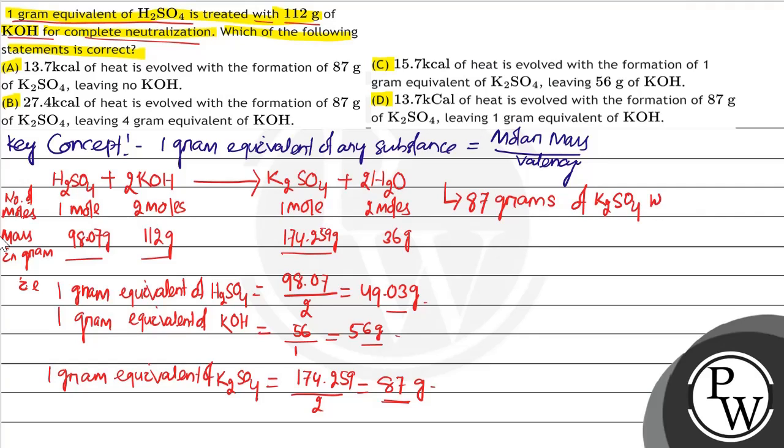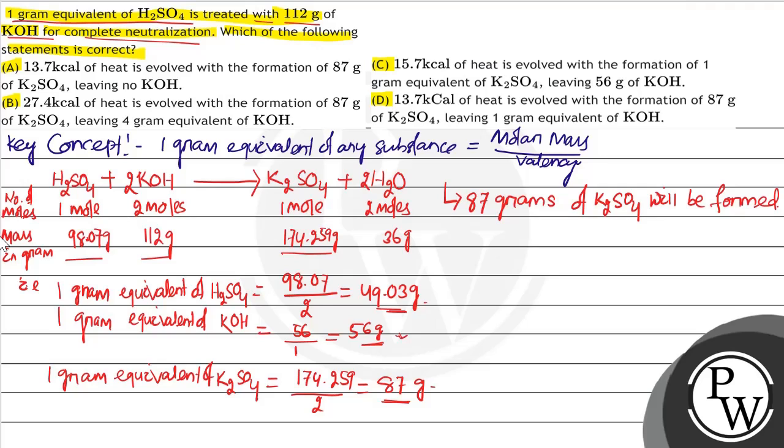will be formed. Also here 1 gram equivalent of H2SO4, that is 49.03 gram of H2SO4, will react with 56 gram of KOH, that is 1 equivalent of KOH, to give 87 gram of K2SO4, that is 1 gram equivalent of K2SO4. So how much KOH will be left?